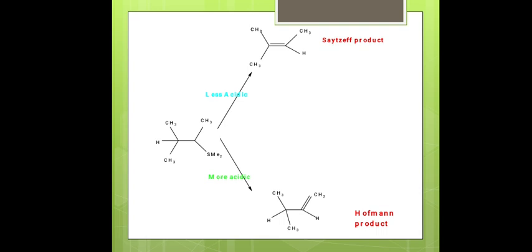So you have a double bonded carbon with CH3 attached on both sides, and CH3 and hydrogen attached on the other carbon. This one is the Saytzeff product. And here you have the Hofmann product.